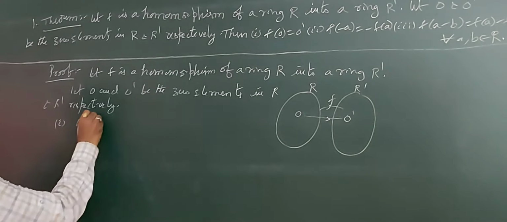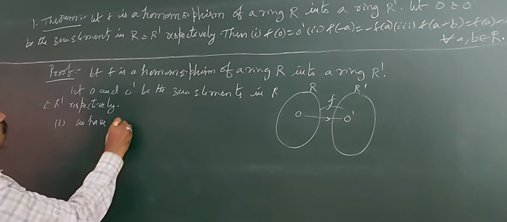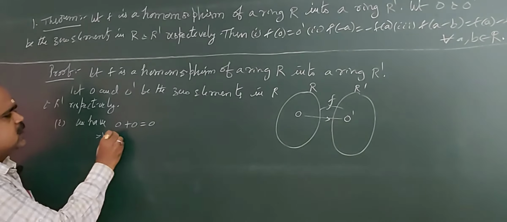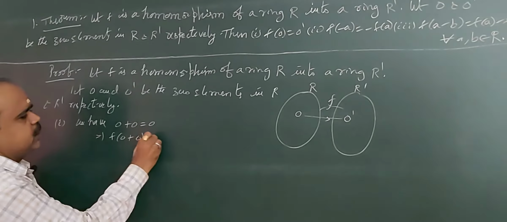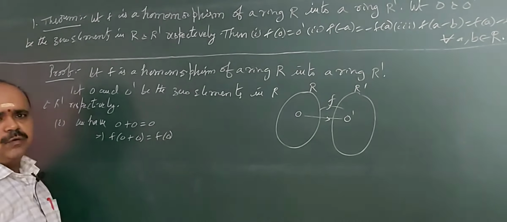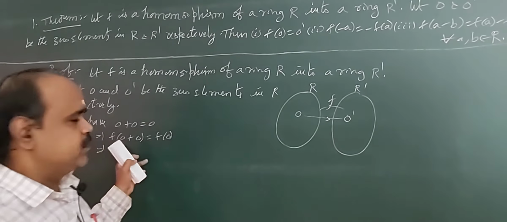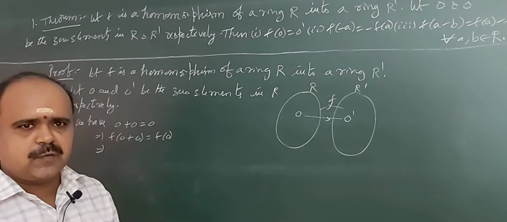We have 0 plus 0 equals 0. Take the function on both sides: f of 0 plus 0 equals f of 0. So that implies, since f is a homomorphism, f of a plus b equals f of a plus f of b.